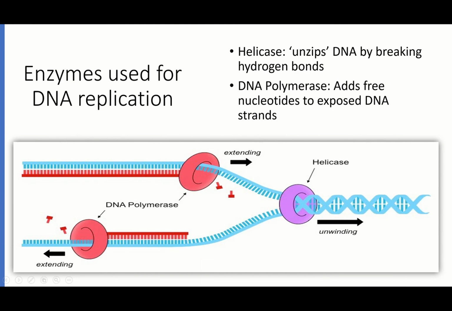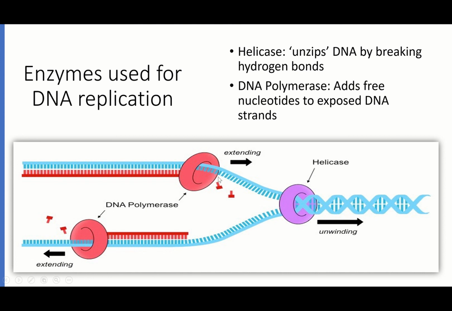Now, if we look here, we can realize one thing: the helicase is working its way before the polymerase. Of course, you have to unzip the thing. So it's working from here in this direction. Pretty simple. It's unzipping the strand. And now you have DNA polymerase, which is adding the strand.